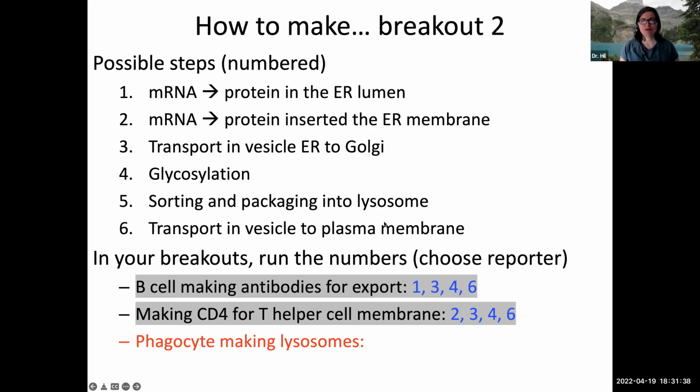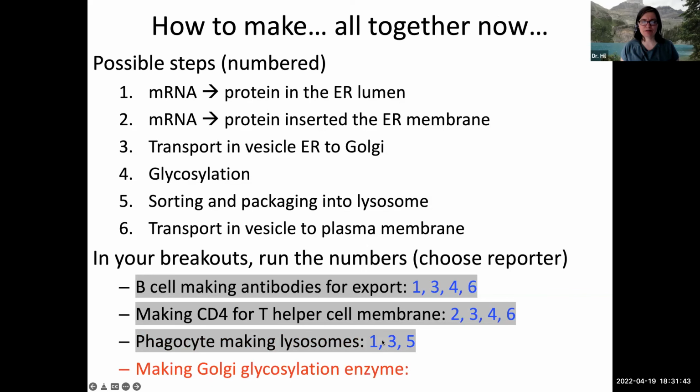Okay, so let's have a look at what the answer is and talk our way through it. Many of you got here, good job. The first thing we have to understand is our goal is to get a bunch of enzymes into the interior of the lysosome. So we're going to start with one because we don't need to be in a membrane. We don't need to be in the plasma membrane. We need to be in the inside of the lysosome.